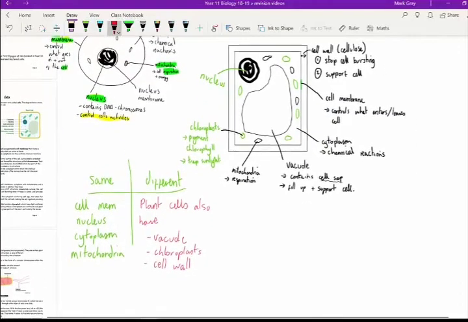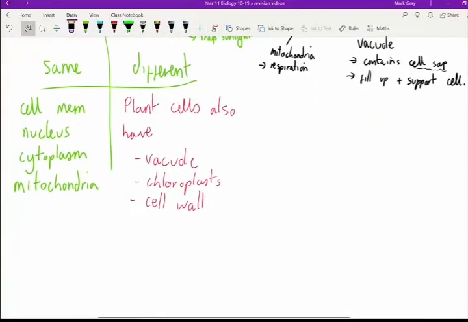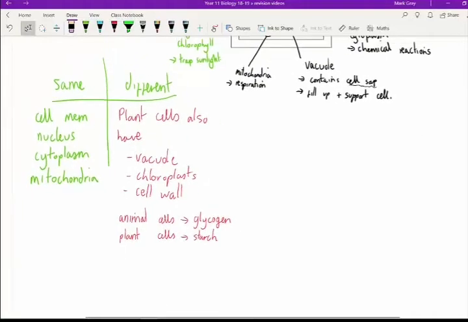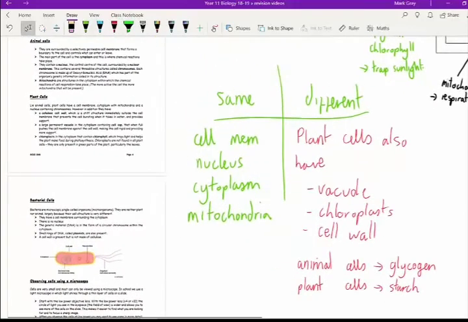Okay, now a few other wee differences that we're going to talk about, but we may as well add them here, is what they store. So animal cells can store a carbohydrate known as glycogen, whereas plant cells store starch.